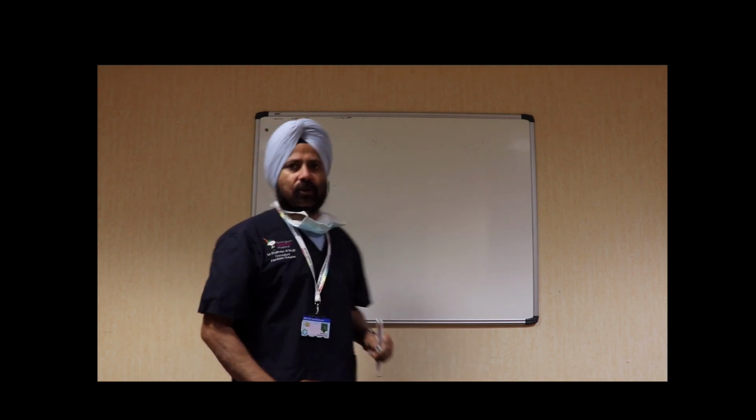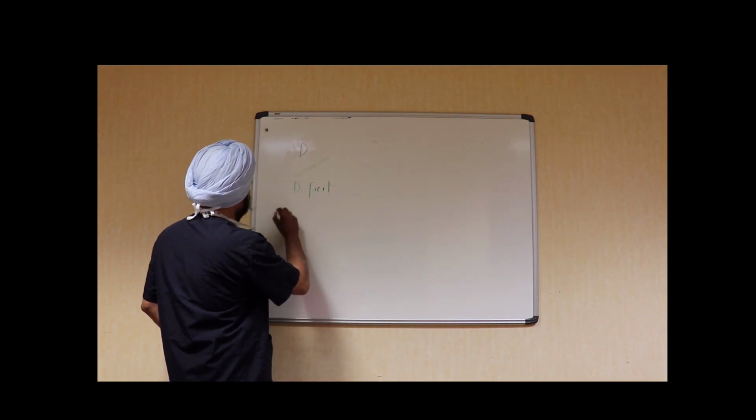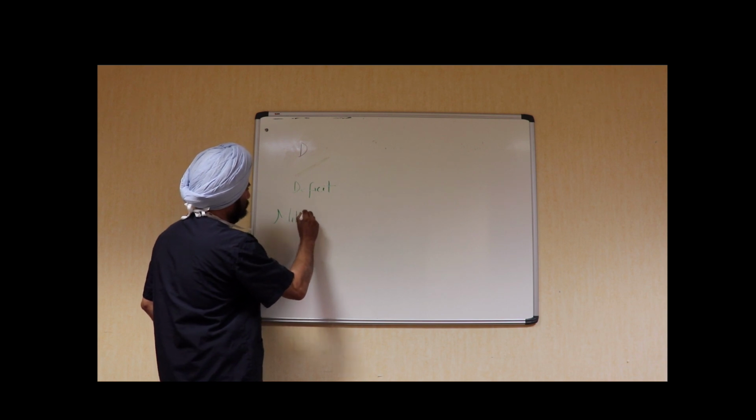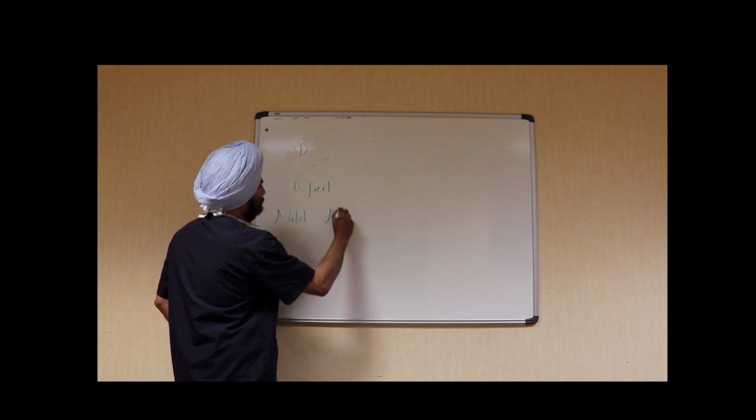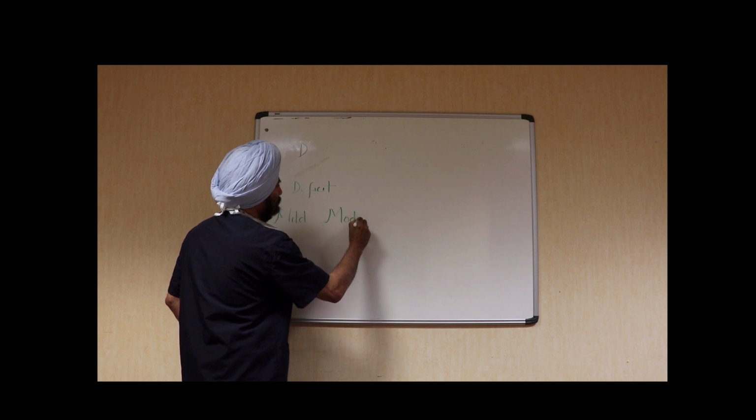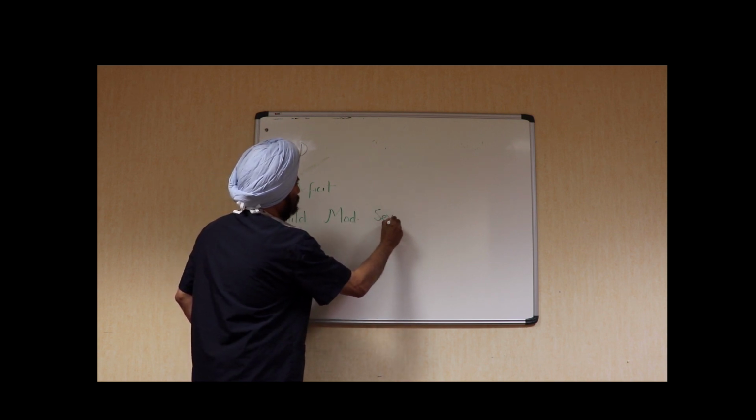So coming to deficient, you can divide them into three categories, and these are very arbitrary numbers, but they're very useful to start with. One is mild dehydration, other is moderate dehydration, and third is severe dehydration, which we call shock. So there are three categories: mild, moderate, and severe.